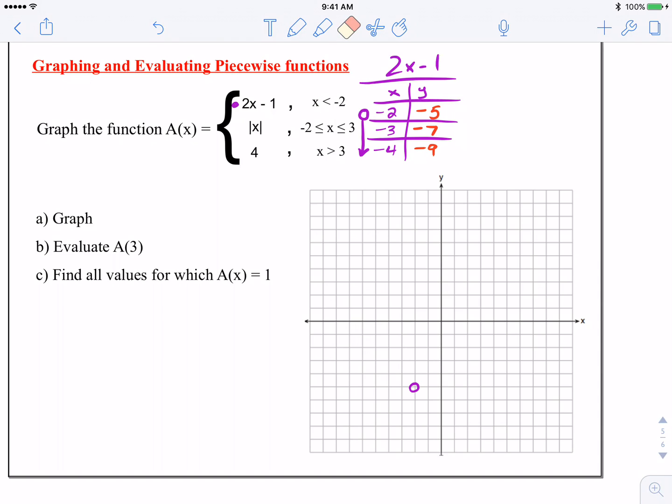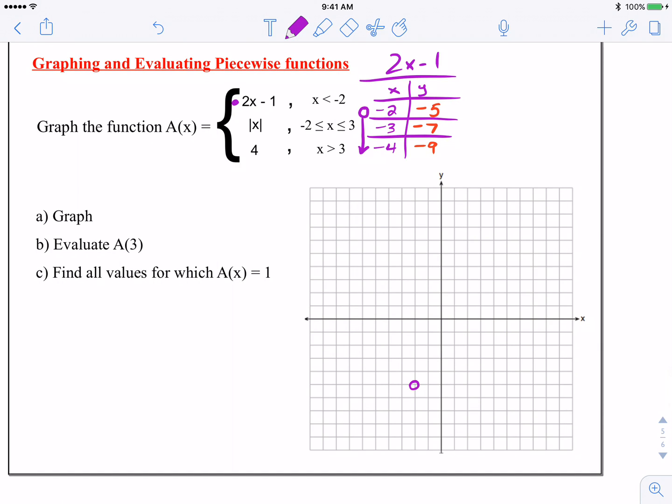It wasn't included. Everything except touching right there works. And the following points are going to look like this. Okay, and now I'm going to connect it with a straight line and put an arrow on the end because this does continue on forever in that negative direction. Okay, so we're one third of the way there.